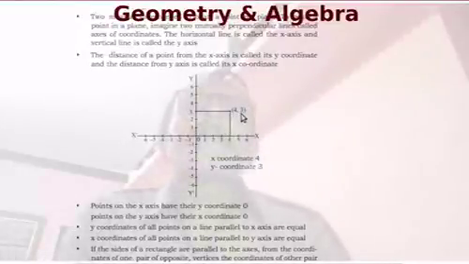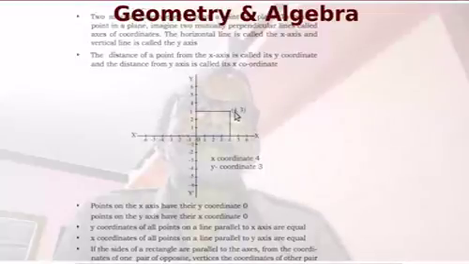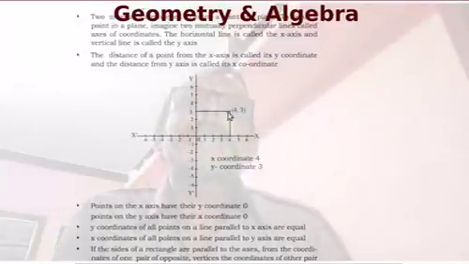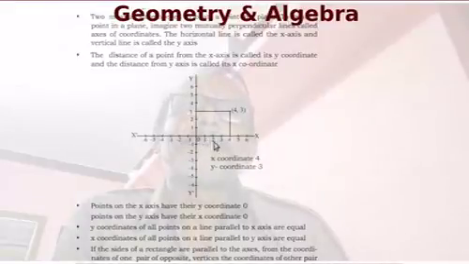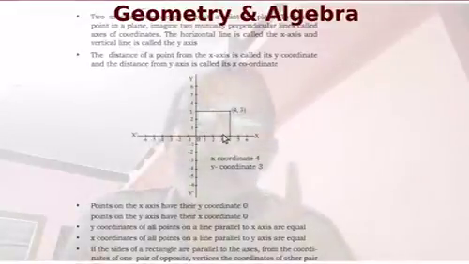What is the x coordinate? In this figure, see, a point (4, 3) is there. So 4 is the x coordinate and 3 is the y coordinate. That means 4 is the distance of the point from the y axis. You can measure it on the x axis: 0, 1, 2, 3, 4. It is 4 units away from the y axis.